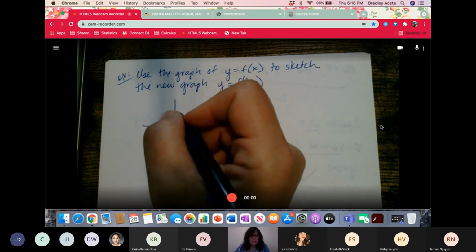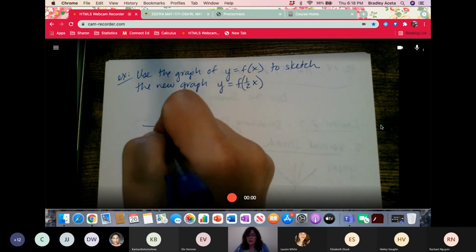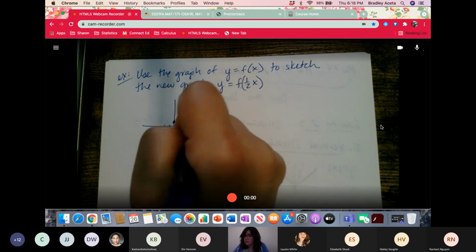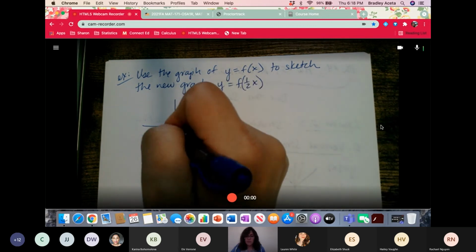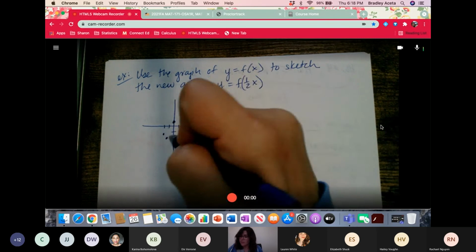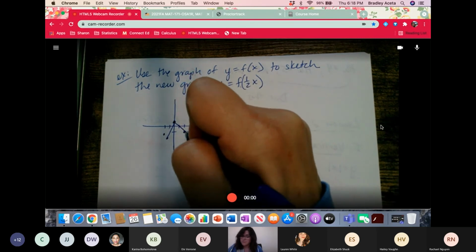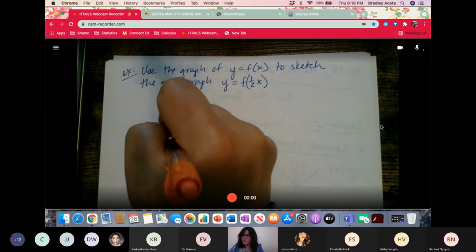And then -1, 2. Oh, it said it was wrong. I'm sorry. That is not 2, -1. Sorry. 2, -1 is here. -1, -2 is here. Ignore this dot right here. I'm so sorry. I'm looking at a couple of dots on my page, so ignore that one. Sheesh. Here we go.